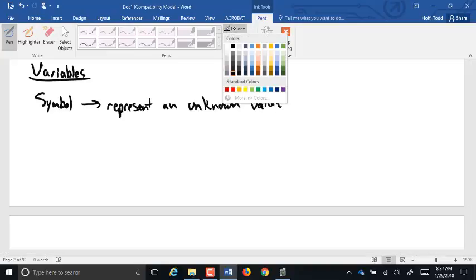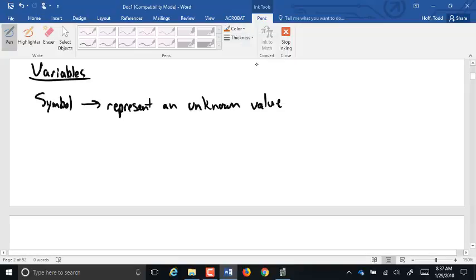Most of the time it's an unknown value. For this class, it's always going to be an unknown value, but it could be other things. Typically for us, we use letters. A, B, C, D, usually X, Y, and Z are the most common ones we use. But it could be other symbols.